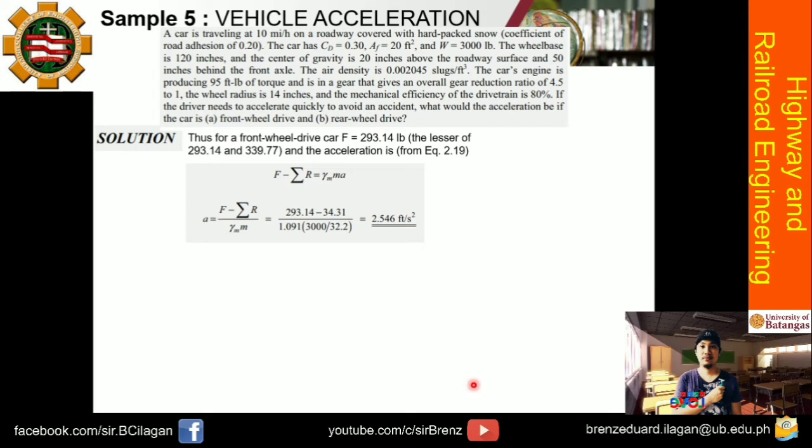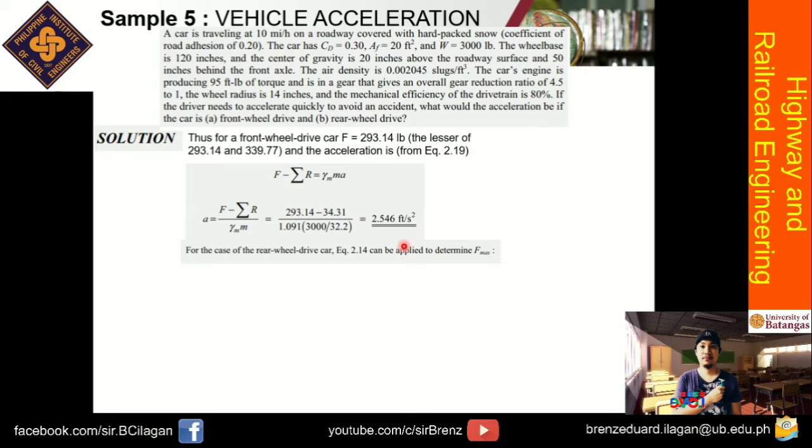In order to solve for a, ito nga yung hinahanap sa problem, acceleration is equal to F minus summation of R over gamma m times m. Just substitute the values: 293.14 minus 34.31 over 1.091 times 3000 over 32.2. So the answer for letter A is 2.546 feet per second squared.